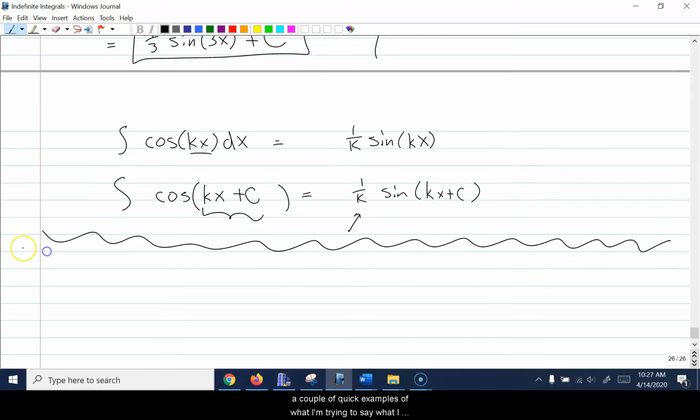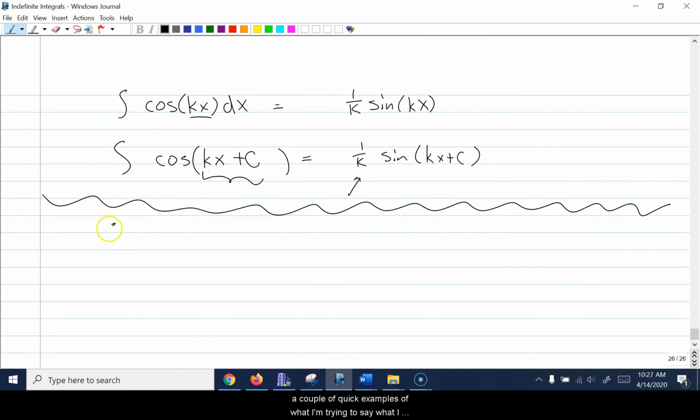Let me do a couple of quick examples of what I'm trying to say. What I mean is that if you have the integral of e to the 4x minus 8, because the derivative of the inside is a constant, this is basically like an x in there. And the integral will be, what's the integral of e to this stuff? It's e to this stuff. Leave the inside alone.